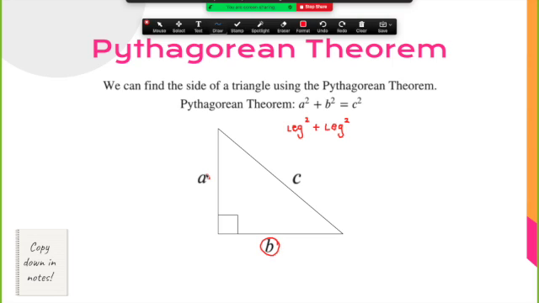So a and b are our legs, so they're going to be squared and added up. And that should equal the length of the hypotenuse squared, which is c. So that's the main idea that we want to understand here, is that the legs are getting squared and added up to equal the length of the hypotenuse squared.